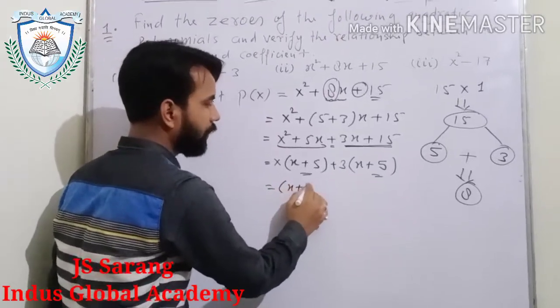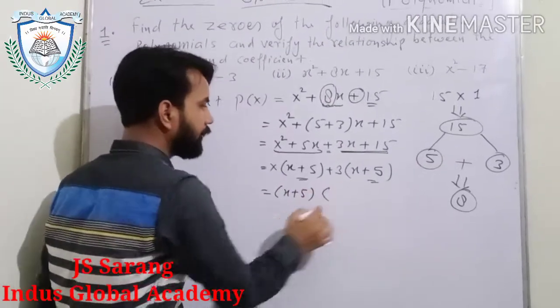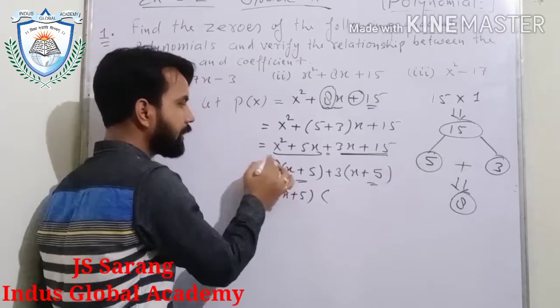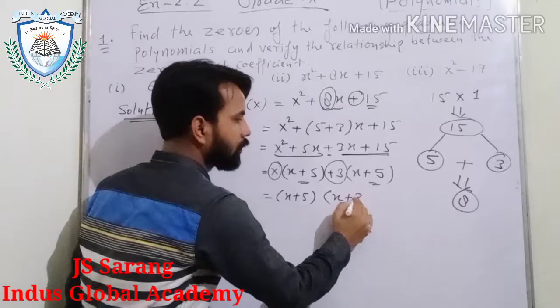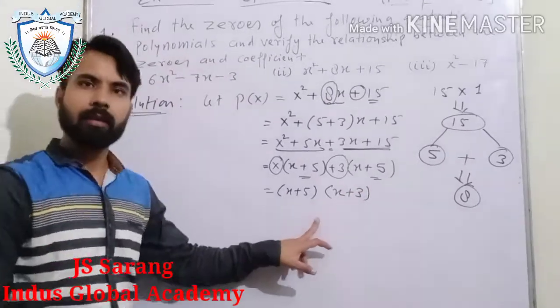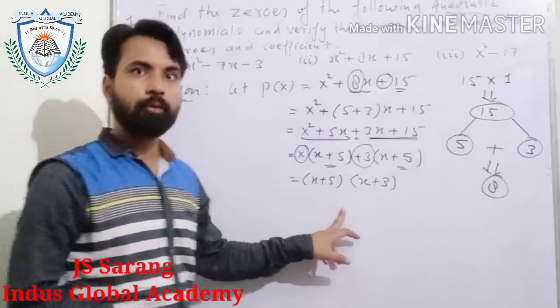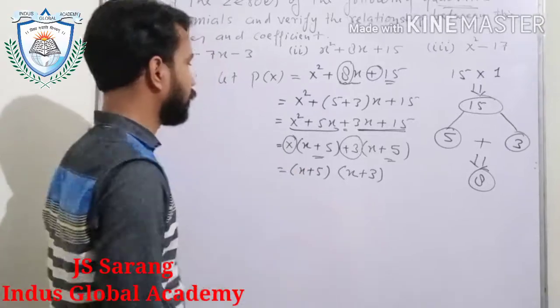So x plus 5 is common. So what is left in the other bracket? This x and this plus 3. So here factorization is completed. But we have to find the zeros of the polynomial.